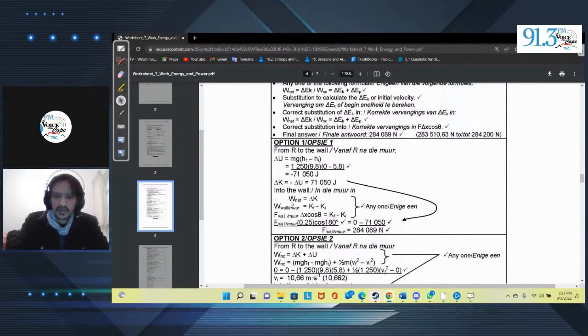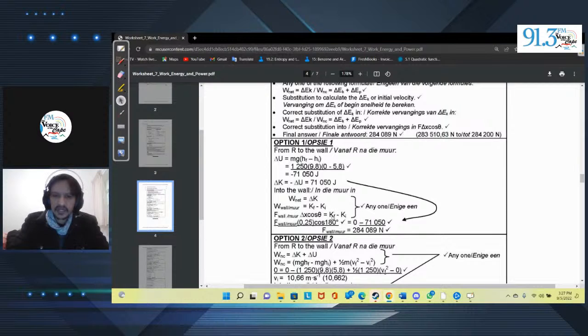Then we know that net work is equal to the change in kinetic energy. So we set up our formula using Kf minus Ki. But work is equal to force times change in distance times cos theta. Now we're going to solve this problem.